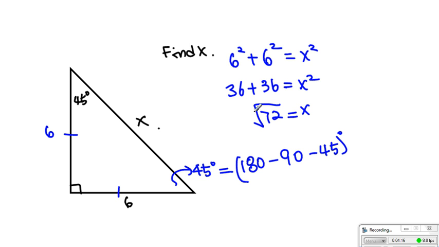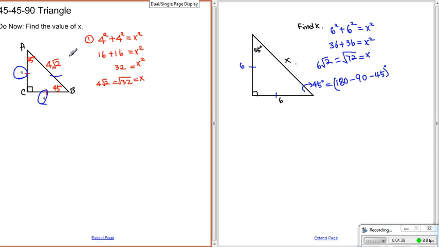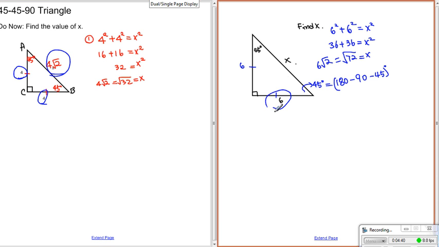We got 72 from adding 36 and 36. When you simplify the square root of 72, you will realize that this will be equal to 6 square root of 2. In fact, the square root of 2 seems to be quite popular. In the previous question, we had a 4, and then 4 radical 2. Here, we have 6, and 6 radical 2.